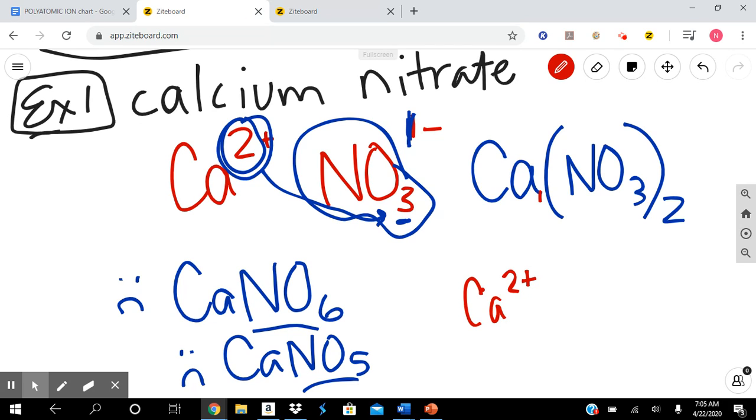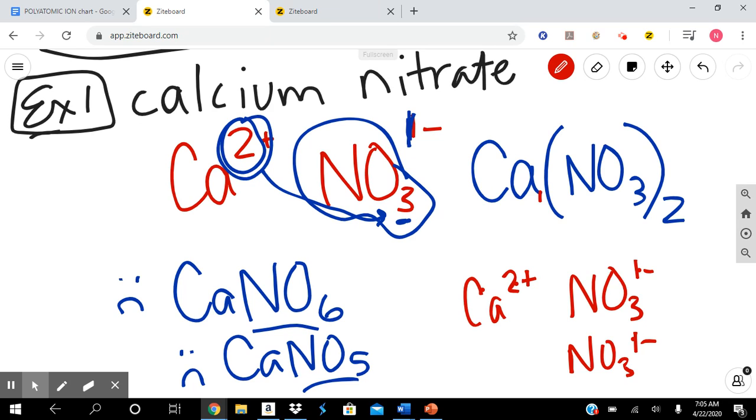And how many times am I taking this nitrate? Well, I'm taking this nitrate 2 times. So -1 times 2 gives me -2, and -2 cancels out with the +2.